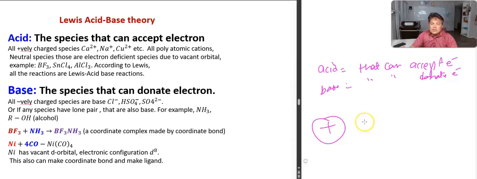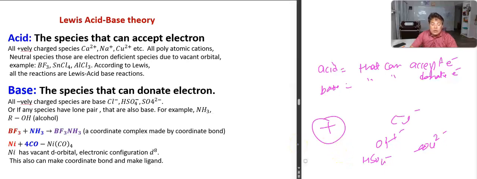The base is the species that can donate electrons. For example, all negatively charged species are bases: Cl minus, OH minus, HSO4 minus, SO4 2 minus, all of them.